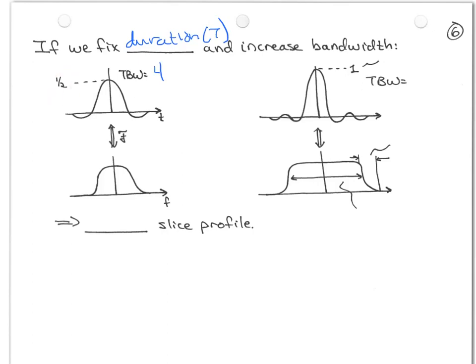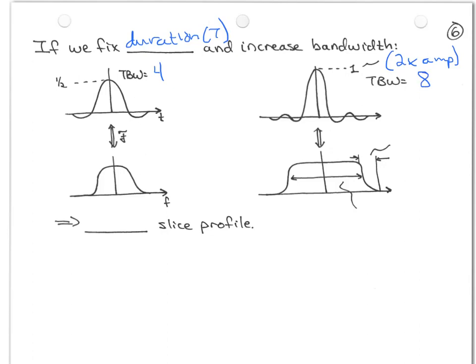If we fix the duration and double our bandwidth, then we will get double the amplitude. This is 2x amplitude. The time bandwidth we have doubled here, the number of zero crossings is now equal to 8. That results in a doubling of the RF amplitude.